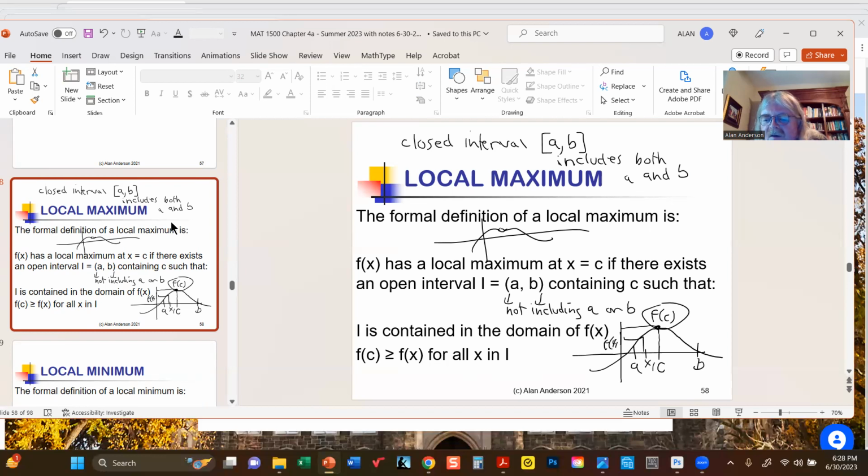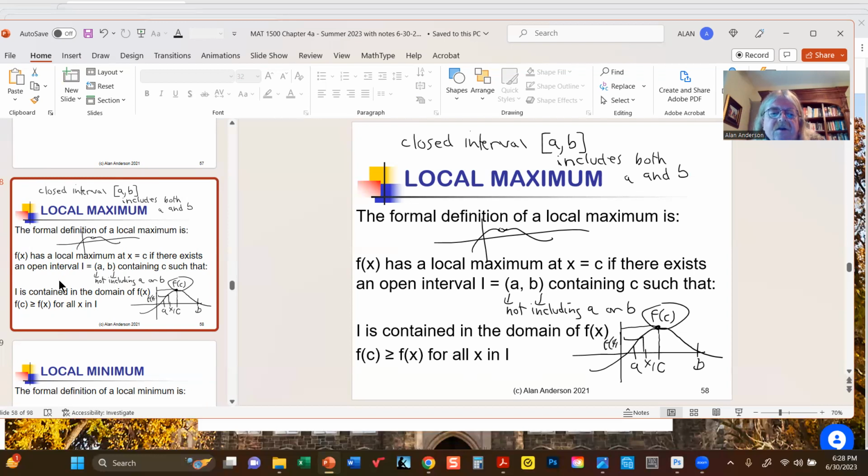In other words, whatever our interval is, there's some point in there such that the function evaluated at that point is at least as great as every other point in that interval. But intuitively, it's easier to think about it as the point where we have a tangent line with a slope of 0. But that's what it actually means.